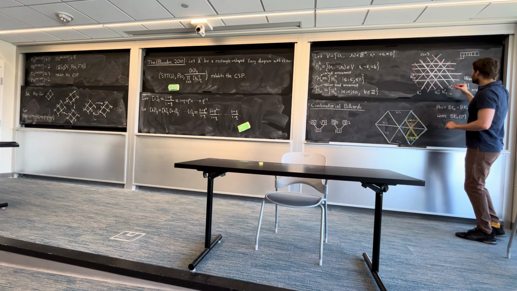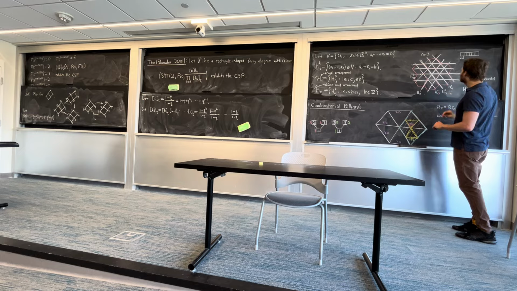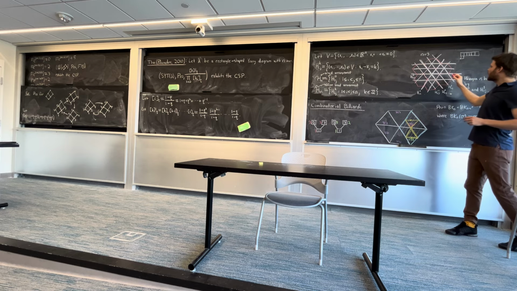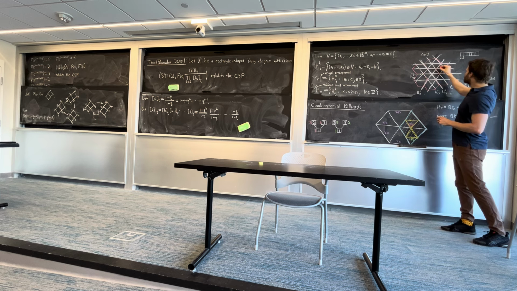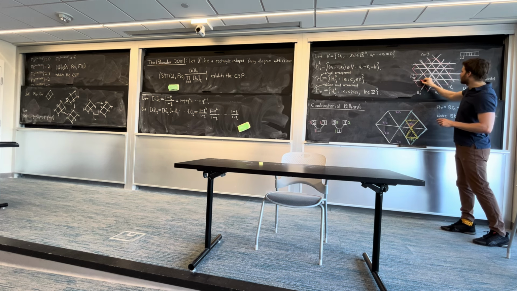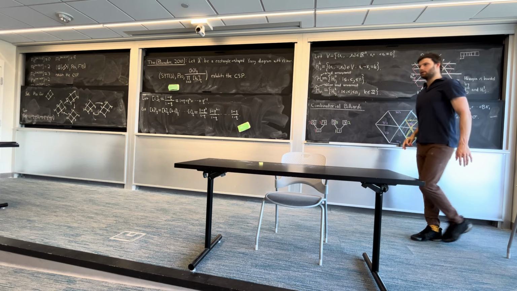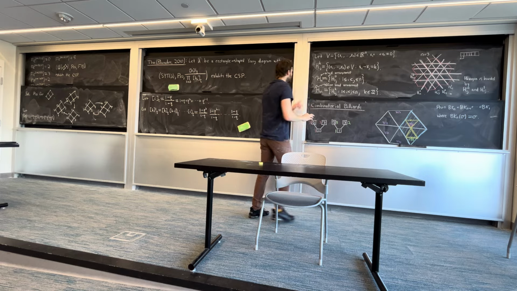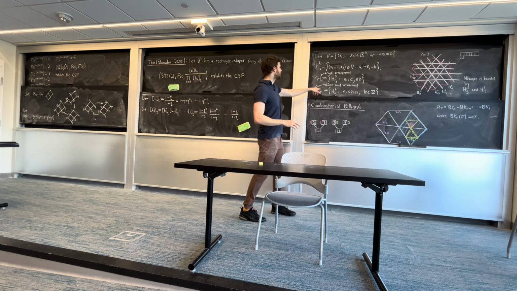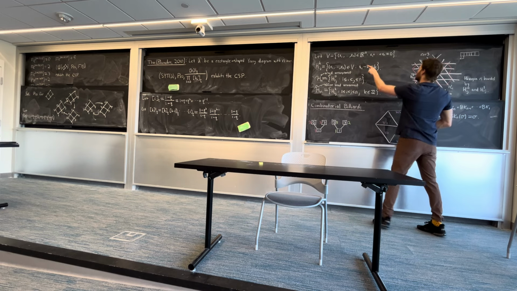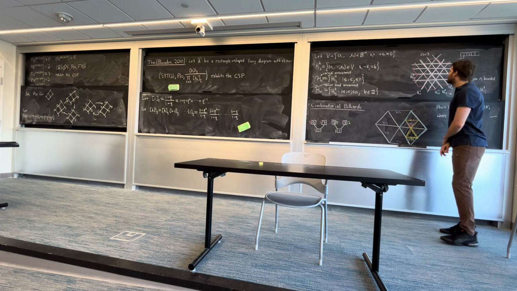And then you can quotient out by this lattice, which is the centers of these polytopes. Inside of this space, I have this lattice, which are the centers of all of these hexagons. I think if you coordinatize it, these lattice points are just the points in V that have integer coordinates.